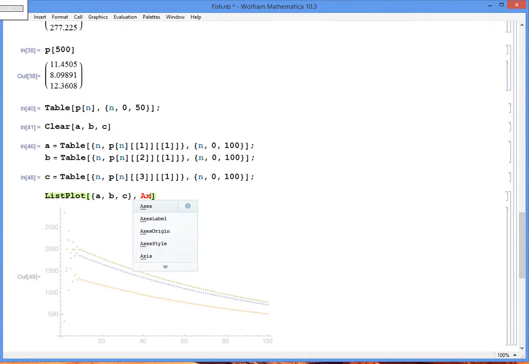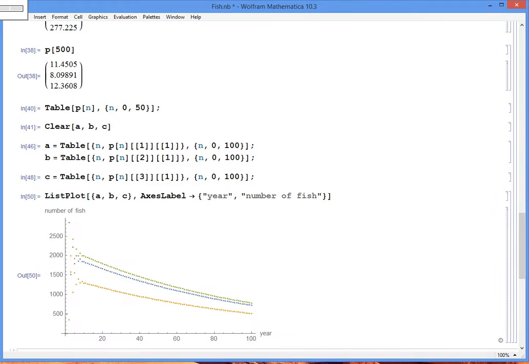We can add axes, label the axes, right? So we're going to label these, and the way we do this is we're going to label the x-axis first, so that is year, and our vertical axis is the number of fish, maybe. And close off my list. Let's just check that. Okay, so I see year down here, number of fish, and then maybe we want to add a legend, right?